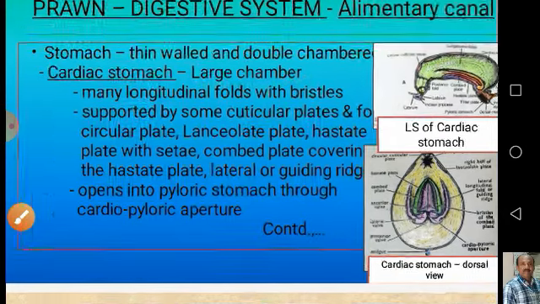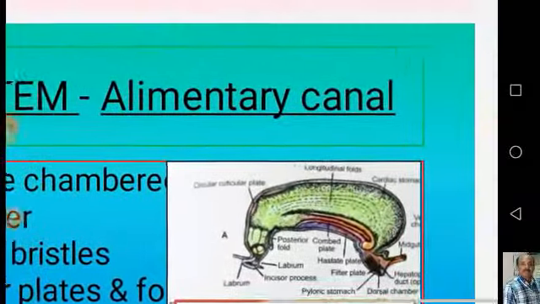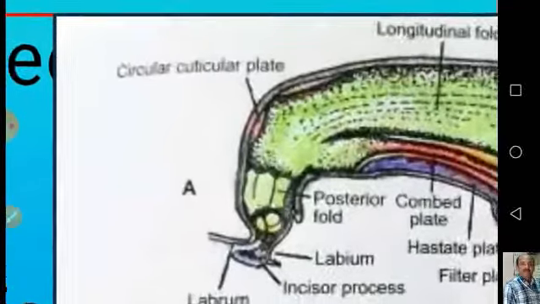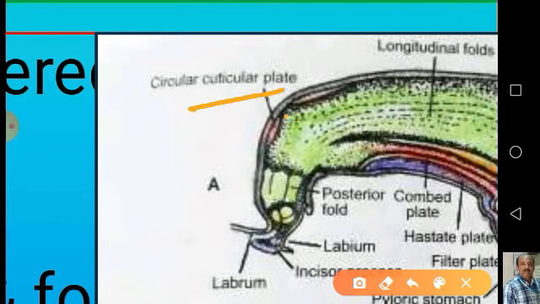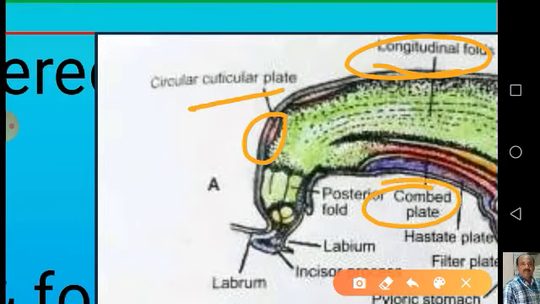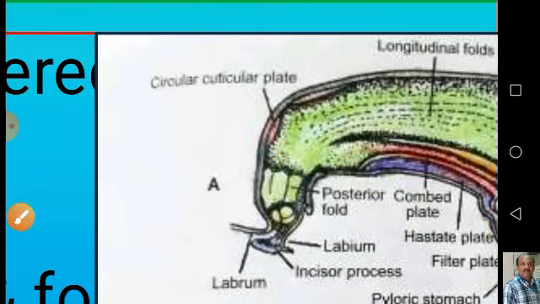Now in the figure we can see easily the circular cuticular plate. This is present at the junction of the esophagus, at the roof, and then many longitudinal folds are present on the side of the cardiac stomach, and a combed plate is also present. In addition, hastate plates are also present, and all these plates have bristles.